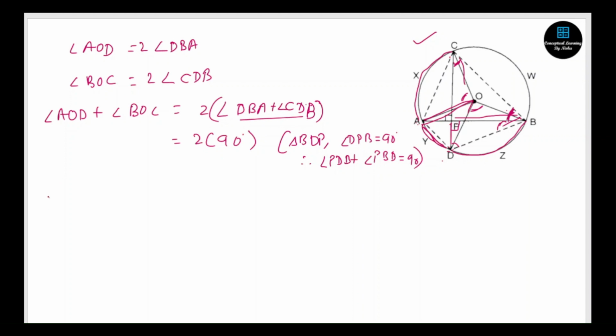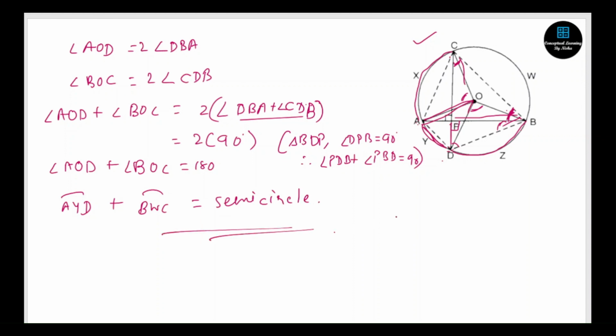And hence, angle AOD plus angle BOC is 180. And therefore, arc AYD plus arc BWC equals a semicircle. Hence, we proved both the results.